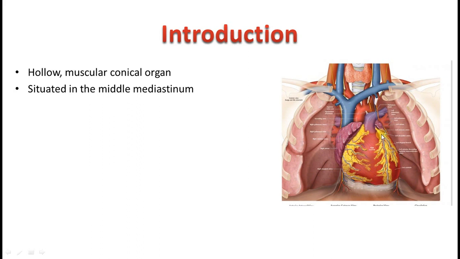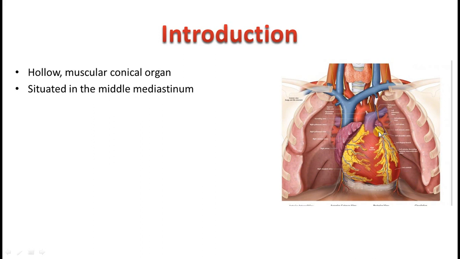The next structure you see is part of the left ventricle, but even this is visible only if we retract the lungs. If you remove both the lungs, you can see part of the left ventricle, then the left auricle, part of the right atrium, and a very small left auricle. So these are the parts mainly you come across.